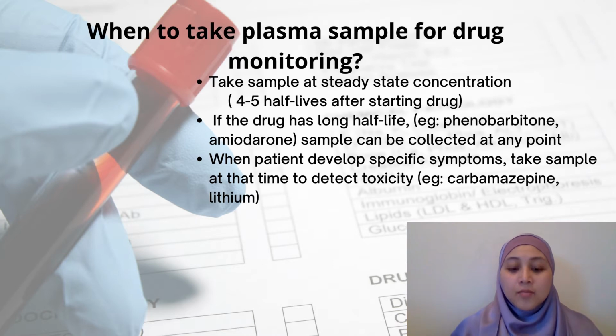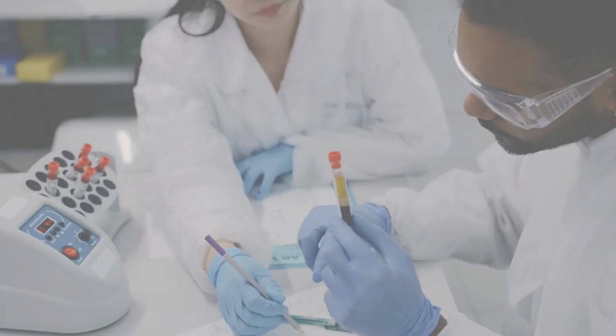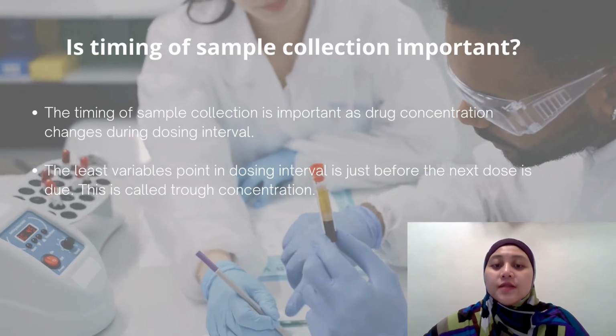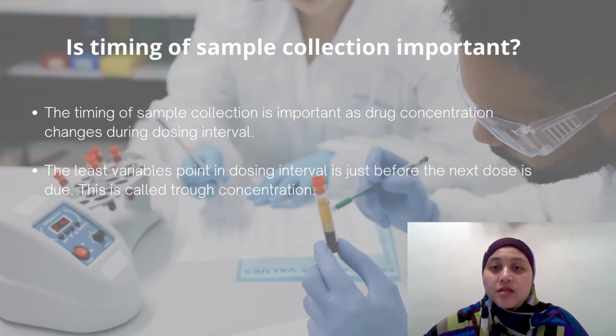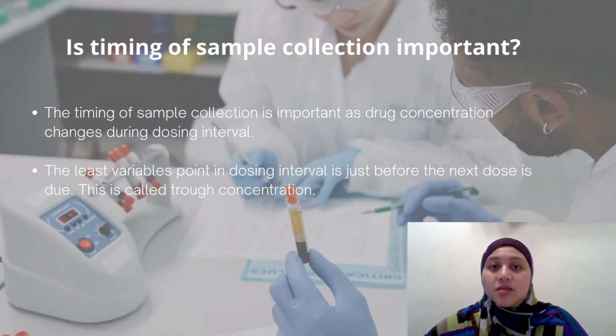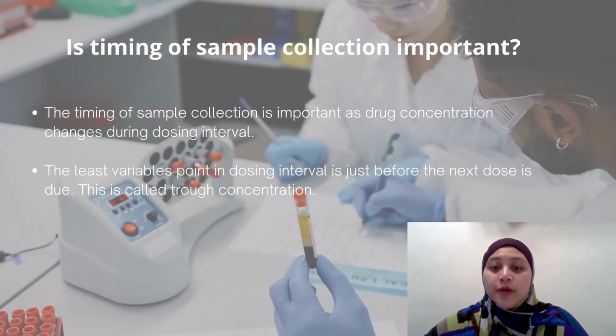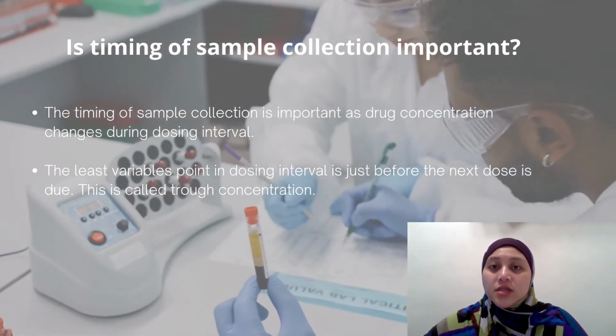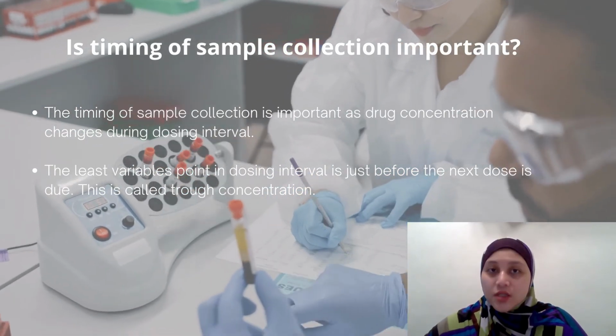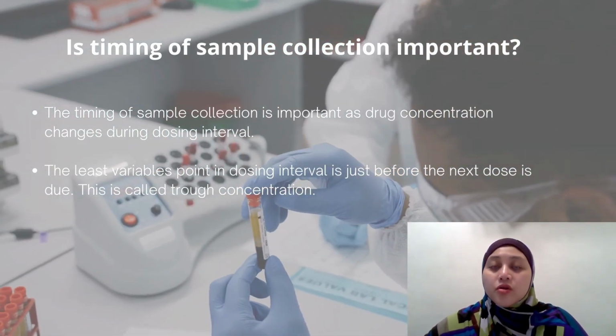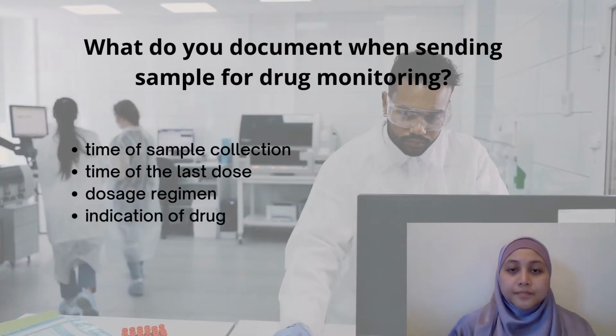Sampling at the time of specific symptoms may detect toxicity, for example with carbamazepine or lithium. The timing of sample collection is important as drug concentration changes during the dosing interval. The least variable point in the dosing interval is just before the next dose is due. This is called trough concentration.